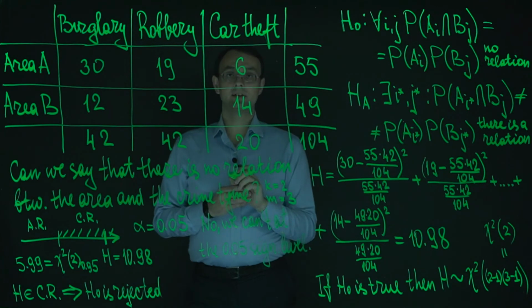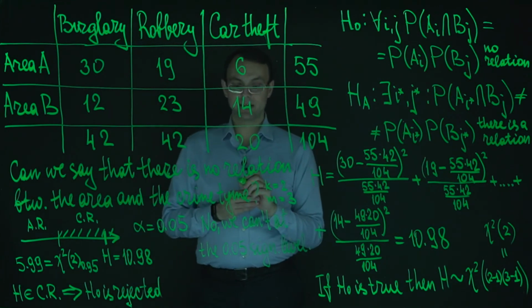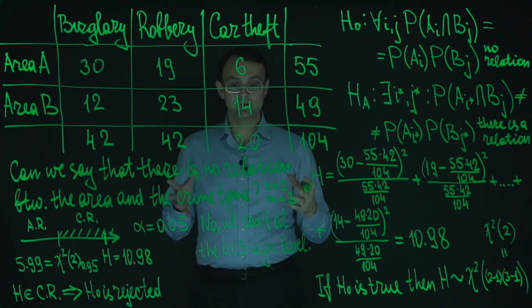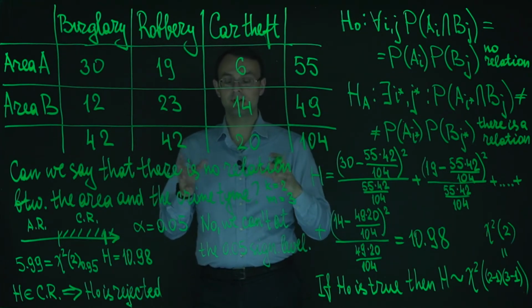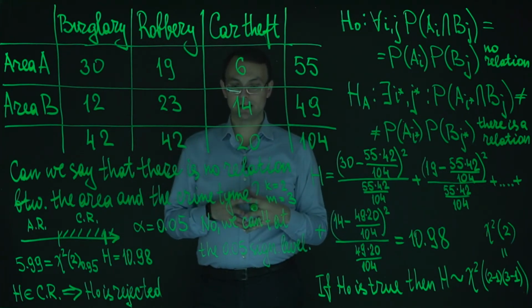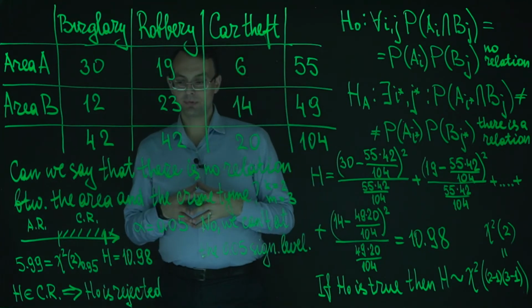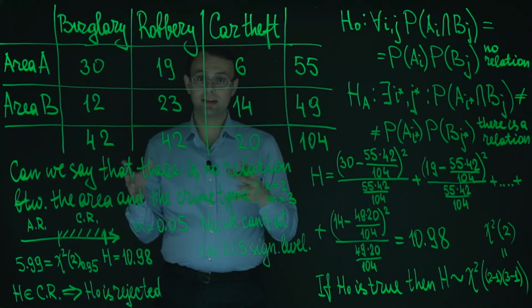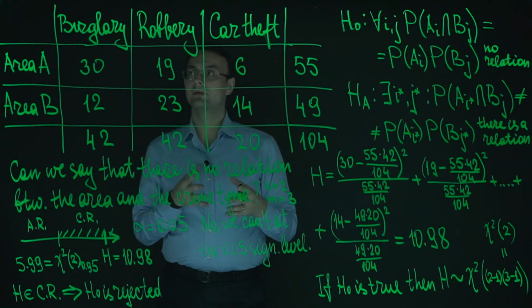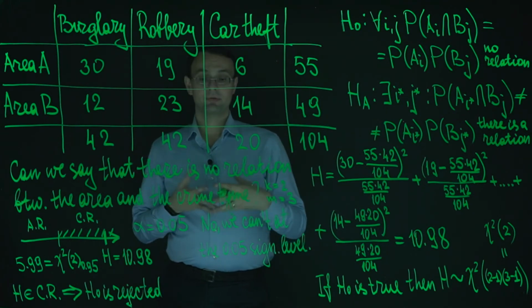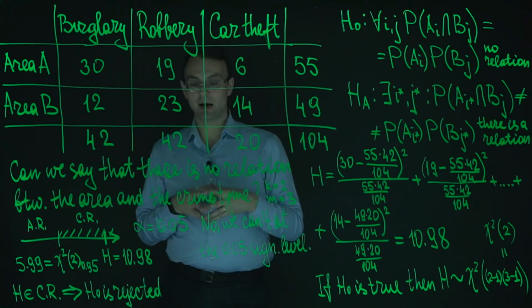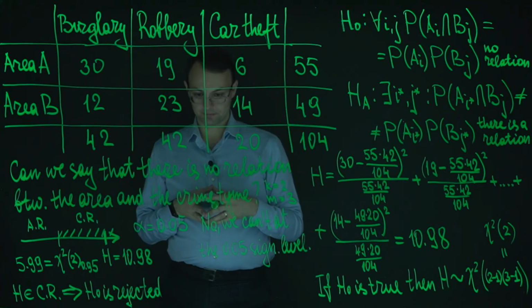And finally, another thing we may be interested in is how strong this relation is, how strong this dependence is if we measure it on a scale from 0 to 1. For this purpose, we can use any of the normalized coefficients. I gave you several formulas. For example, let us use the Cramer coefficient.